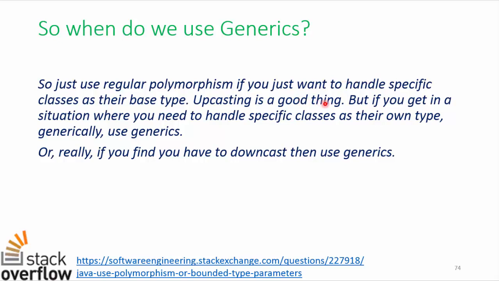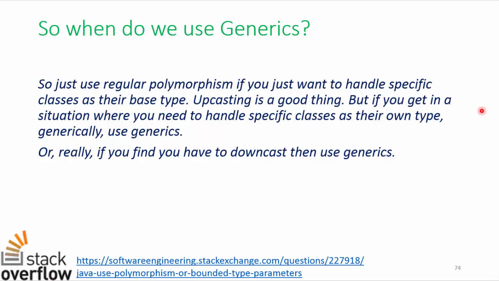Upcasting is a good thing. Upcasting means you go from an integer to, for example, number. But if you get in a situation where you need to handle specific classes as their own types, then use generics. And it's even better summarized by: if you find that you have to downcast something, then you should consider using generics.